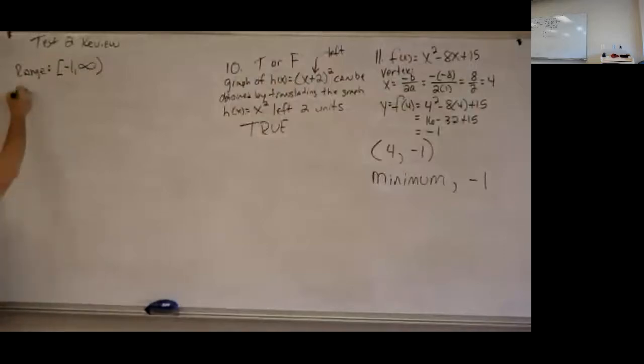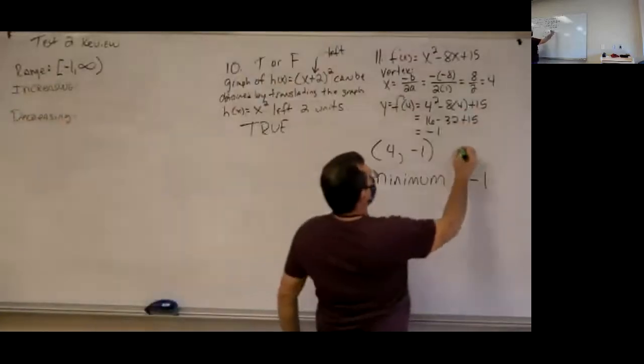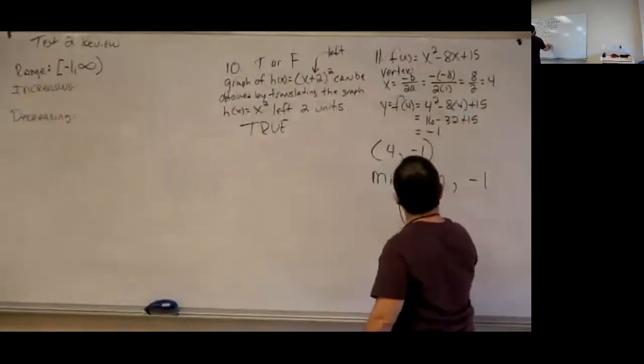All right, then it wants to know increasing and decreasing. So the range deals with y values, the increase and decrease deal with the x values. So remember, we said that was a minimum.